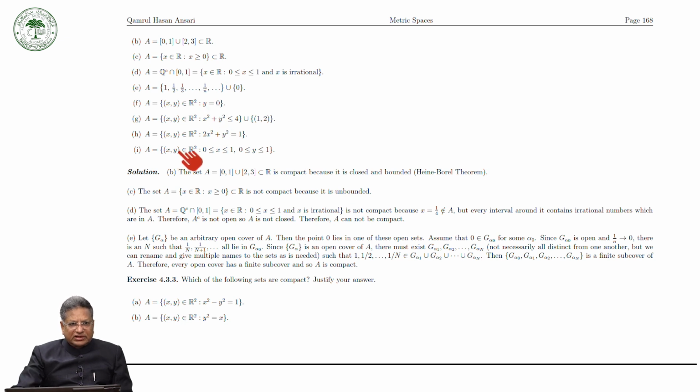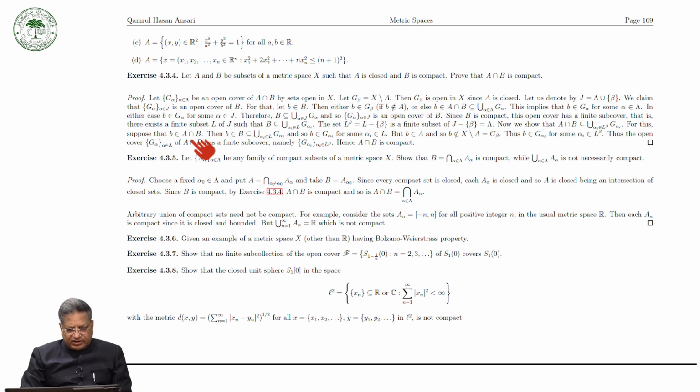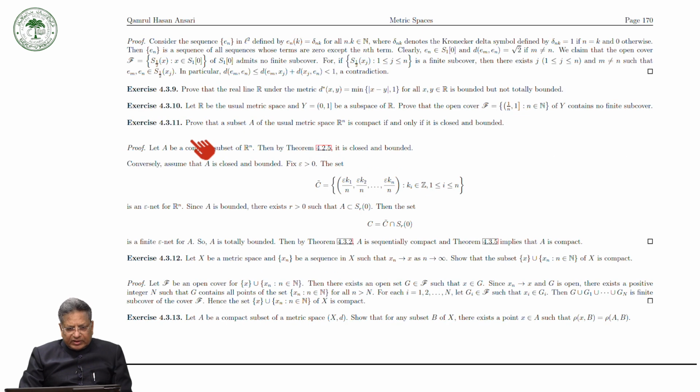For the others, these are subsets of R2 but not R. So to check that, we can use the result that a subset A of the usual metric space Rn is compact if and only if it is closed and bounded.